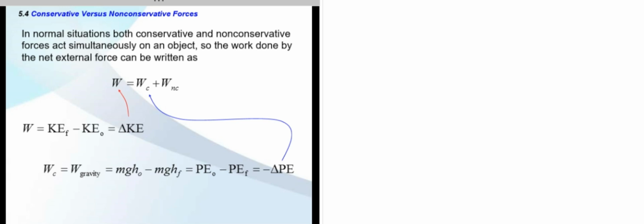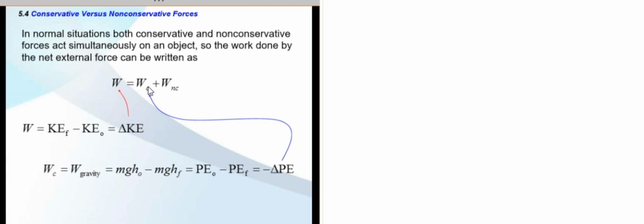So the work done by the net external force can be written as the total work, which is the work conservative plus the work non-conservative. Okay? Now, we all know that work, according to our previous discussion, is the change in kinetic energy. That is why work is kinetic energy final minus kinetic energy initial.